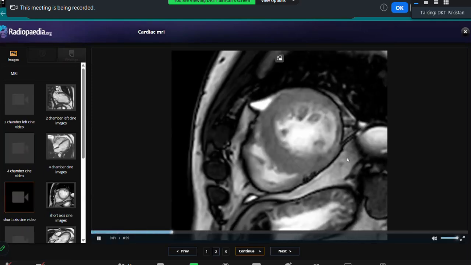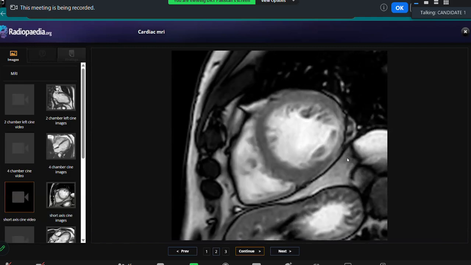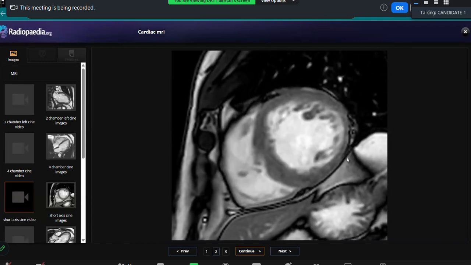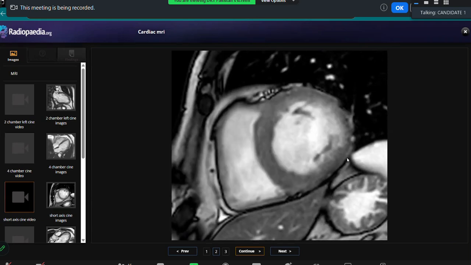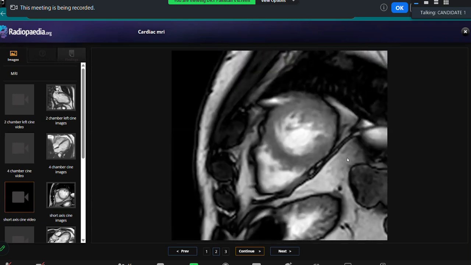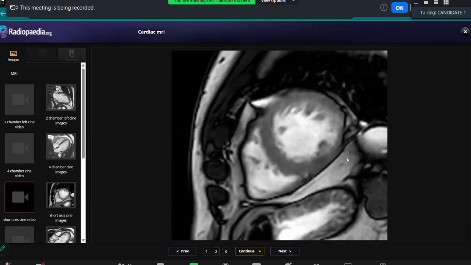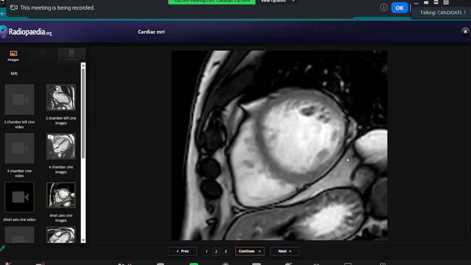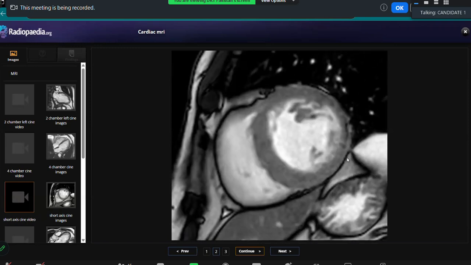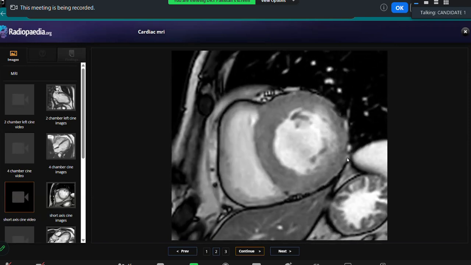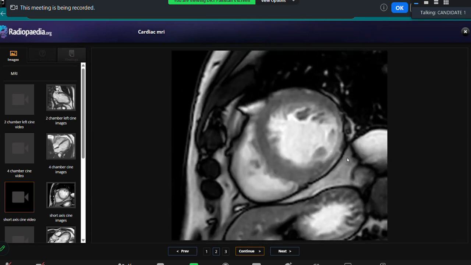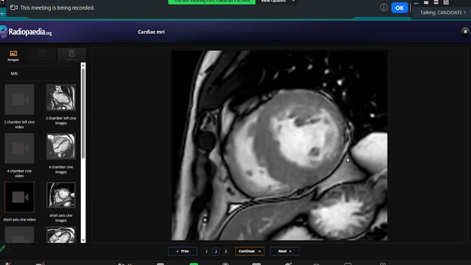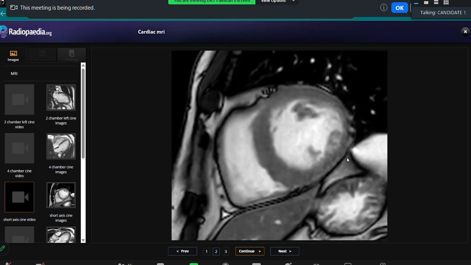What is this sequence? This is the cine gradient echo sequence of the short axis of the left ventricle, and the left ventricle lateral wall appears thinned and not contracting synchronously with the other walls of the left ventricle. So this is representing a kinetic disorder, actually due to old ischemic infarct of the left lateral wall.